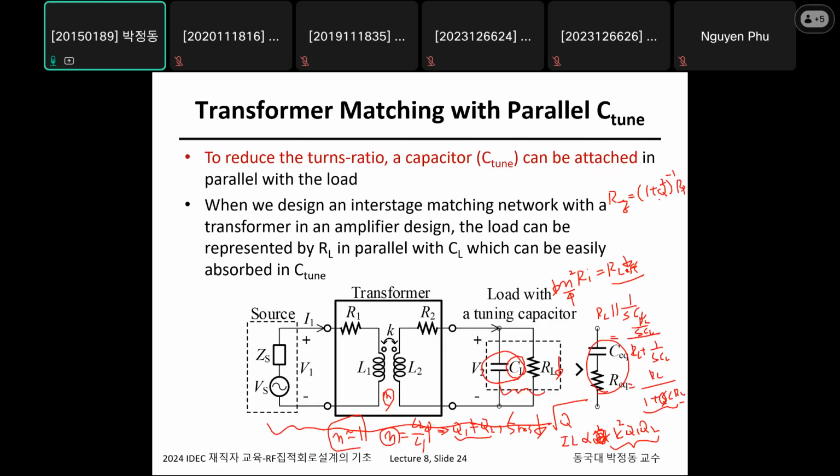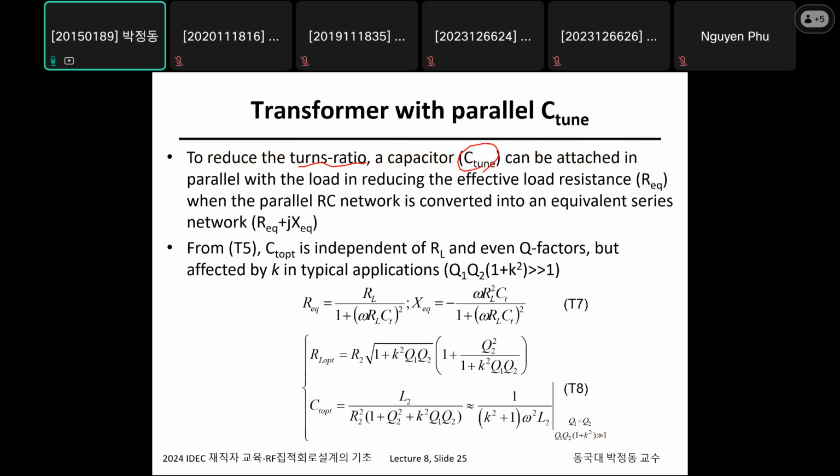Since you made the Q high by adding CL, R equivalent is reduced. Okay, so once you get R equivalent and X equivalent like this, as you can see, it is reduced, right? Using those R equivalent and X equivalent, you can also get this R opt and C opt. Eventually, what you can see is this is the same as before, and this is added.